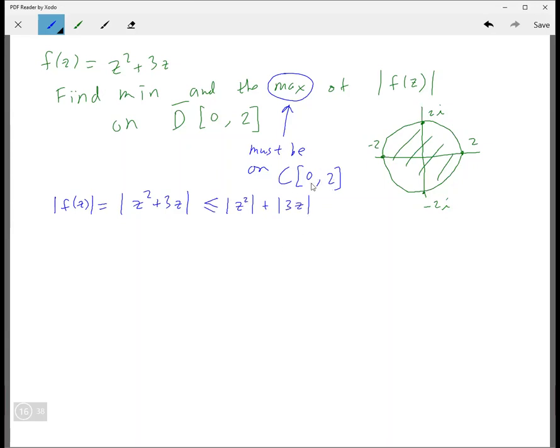But if these are on the circle, then this is going to be 2 squared plus 3 times 2. So that's going to be 10. So the most you can ever get, because of the triangle inequality, is 10. But is there a point on the circle that will give you 10?